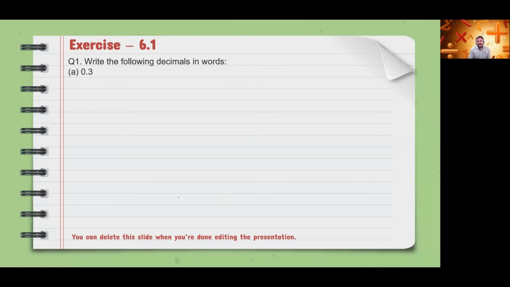We are writing it using the place value chart of decimals. In words we have to write, so we will write 3 tenths. Sir, we do not need to pronounce that decimal point? No, 3/10 means what? यानी हम लोगों ने प्लेस वैल्यू चार्ट देखा था ना. There is no need of that now.